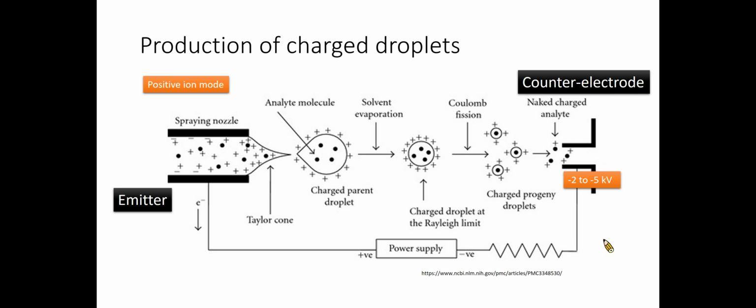This diagram illustrates the setup of electric fields in positive ion mode, where the spraying nozzle will be applied 2000 volts to 5000 volts to positively charge the liquid droplets. The counter electrode or glass capillary would have negative 2000 to negative 5000 volts to direct the ion flow.